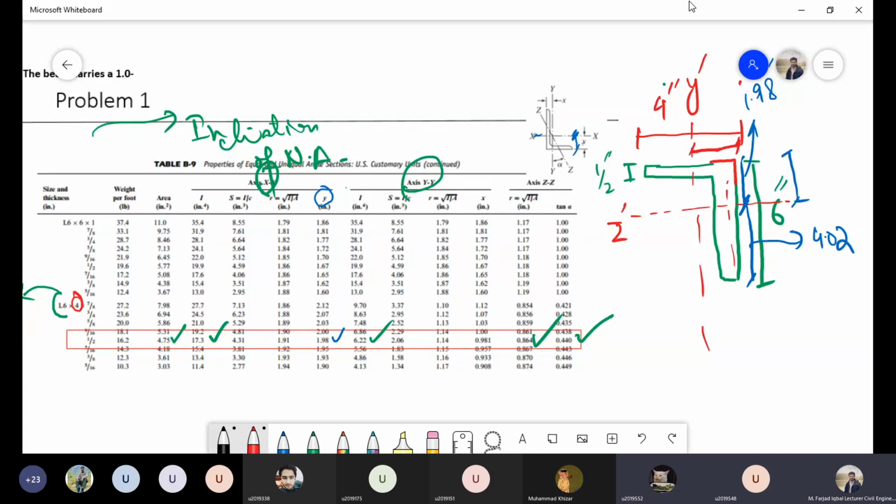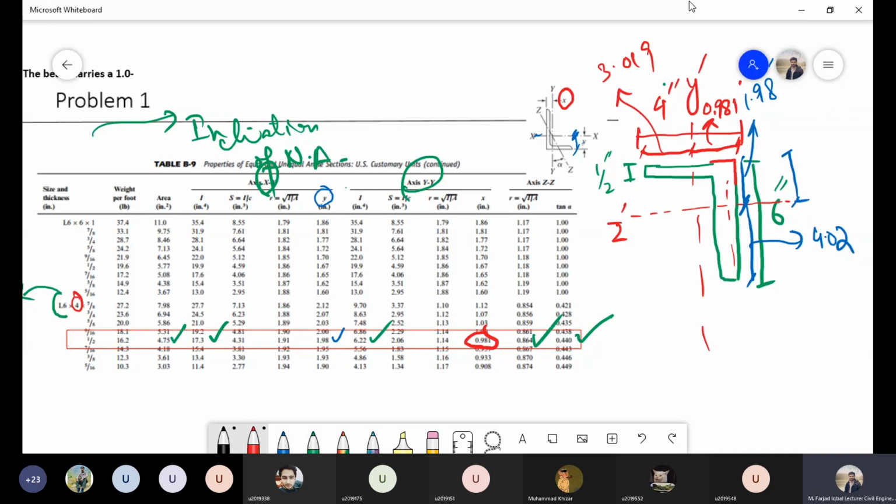So again, if I look into this figure over here, I can see that the x distance shown here is 0.981, and if I compare my figure, I get the idea that this is 0.981, and what will be the remaining distance? 3.019. So now I have completed my diagram.